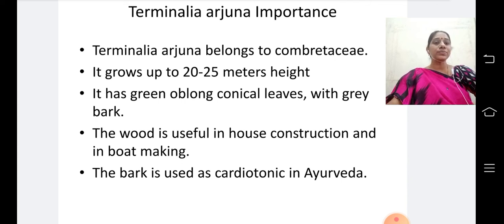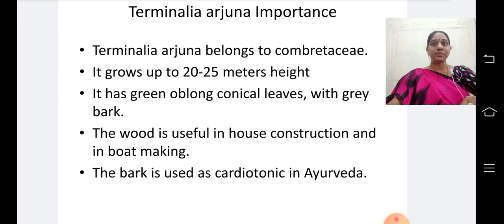Bark is grey in color. The wood is useful in house construction and in boat making. The bark is used as a cardiotonic in Ayurveda. The bark is very useful medicinally. It has so many medicinal properties. The bark is astringent, sweet, acrid, cooling, aphrodisiac, urinary astringent, expectorant, cardiotonic.